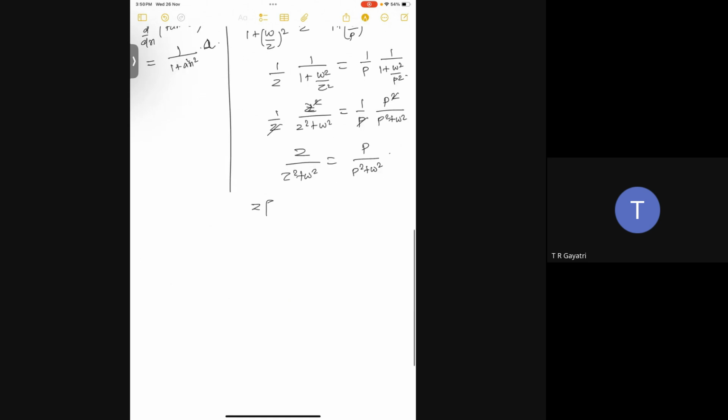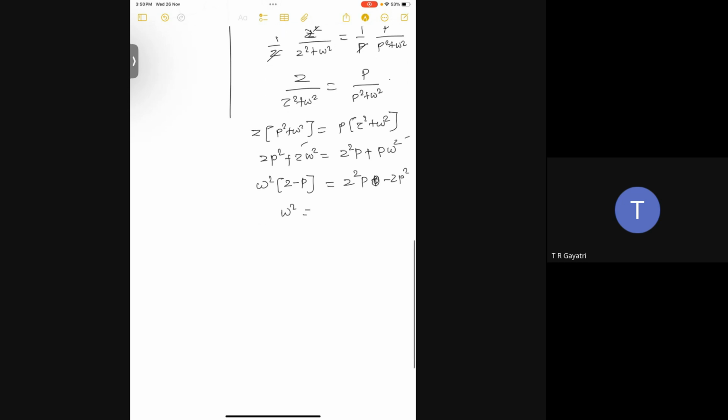This gives me z into (p square plus omega square) equal to p into (z square plus omega square). So zp square plus z omega square equals z square p plus p omega square. If I take omega square common, z minus p is equal to all other things: z square p minus zp square.